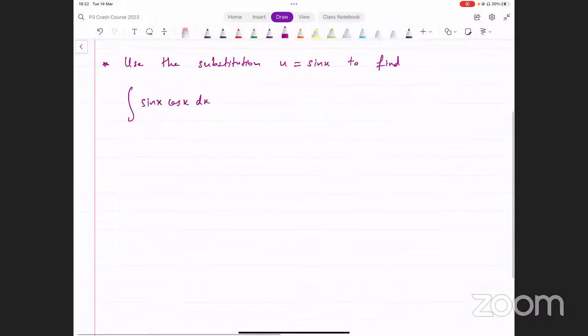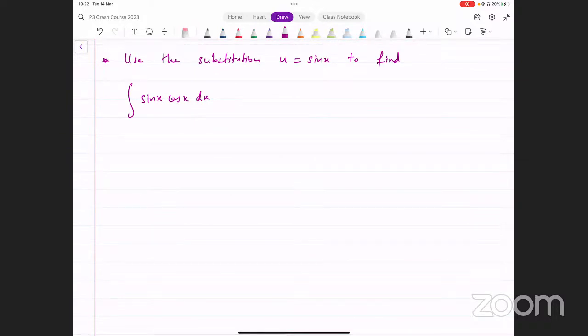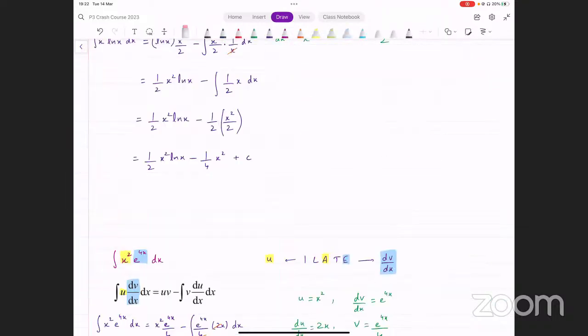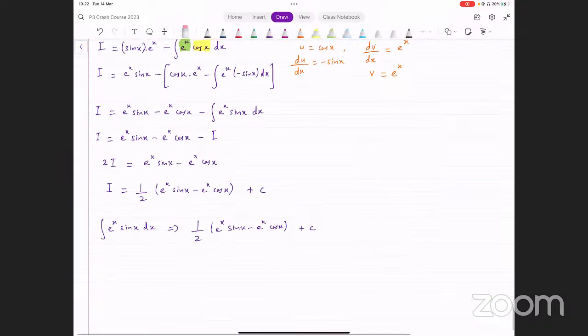Now, this is something that you could integrate using integration by parts as well. Sin x into cos x is a product. You could try integrating this using integration by parts. For this, however, you'll have to use the idea that we did at the end in integration by parts.